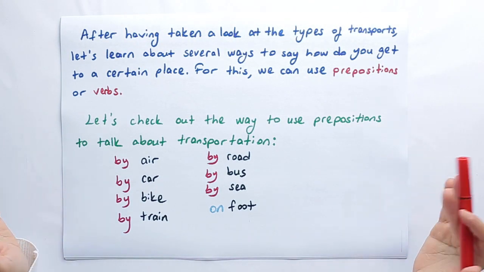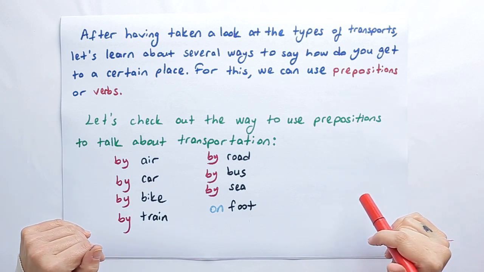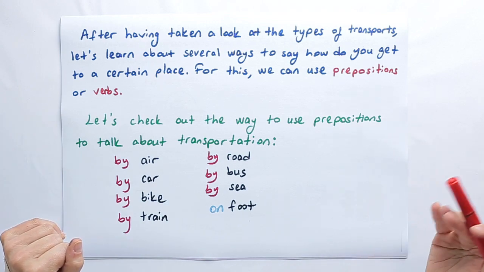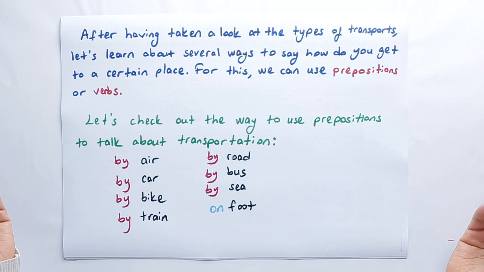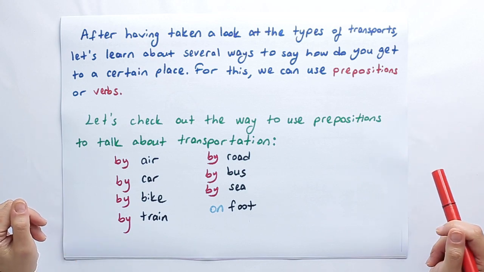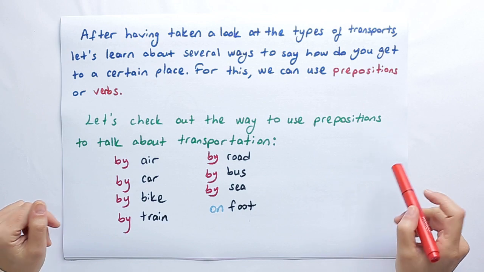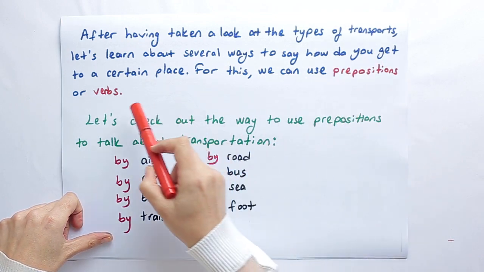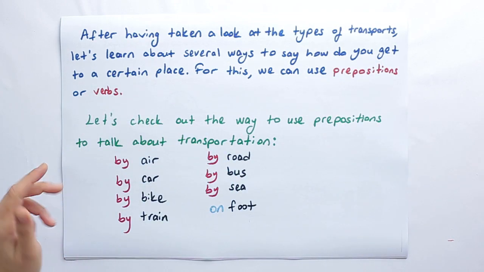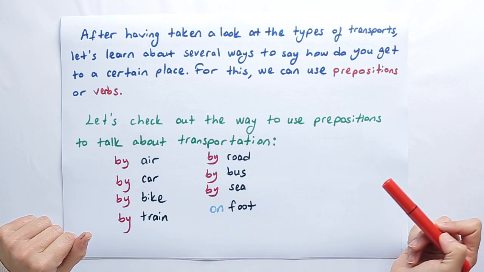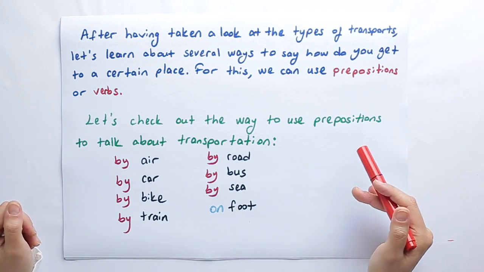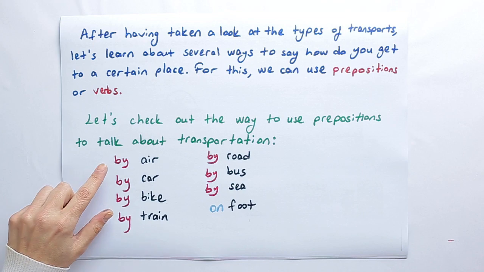After having taken a look at the types of transport, let's learn about several ways to say how you get to a certain place. For this, we can use prepositions or verbs. Let's check out the way to use prepositions to talk about transportation.